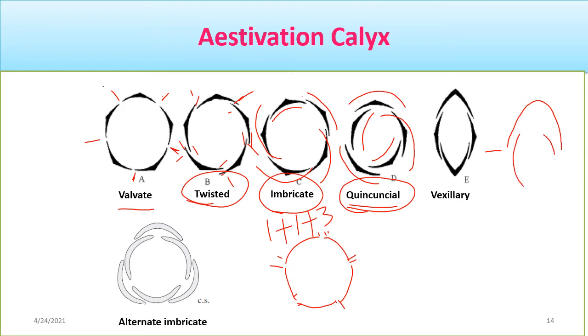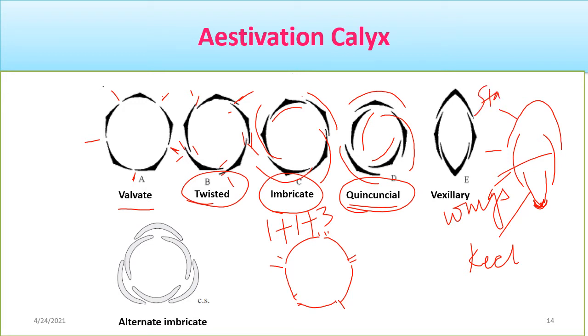Two adjacent or lateral petals are called wings, and the two innermost are called the keel, but they are fused together and form a boat-like structure. So this is called the keel. These two are called wings, and this is called the standard.